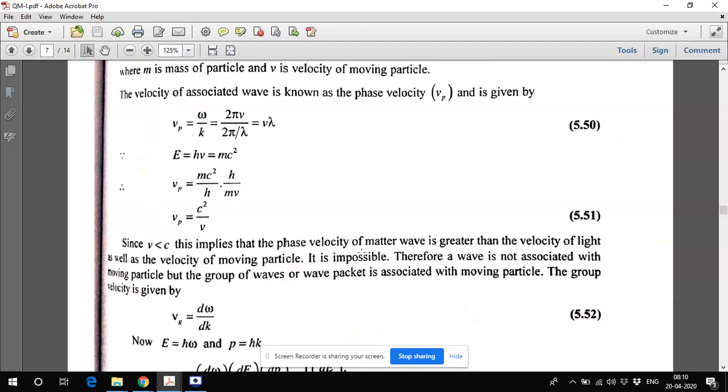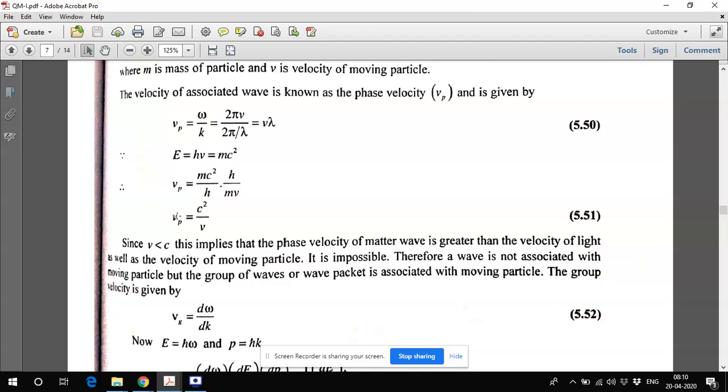And this is very special, because our particle is not moving with a velocity more than c, but the phase velocity is more than c. It means a wave is not associated with the moving particle this way. This is not true. It means a simple wave is not the case to represent a matter wave with a particle.